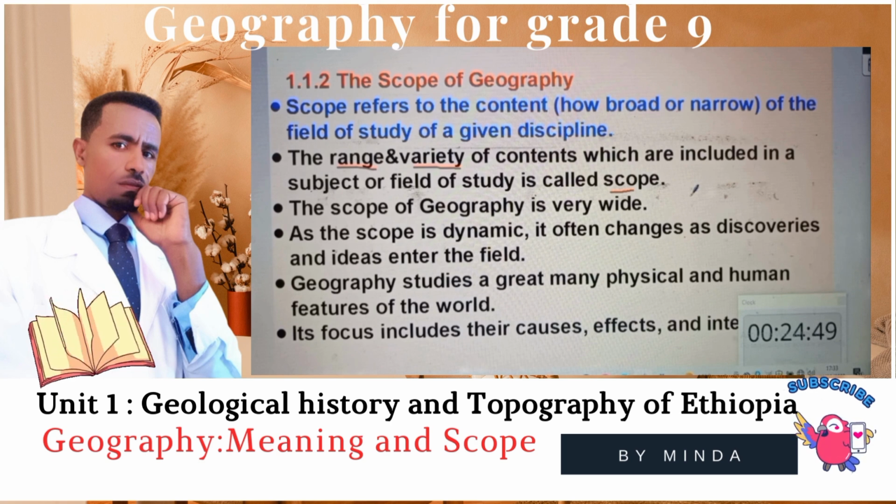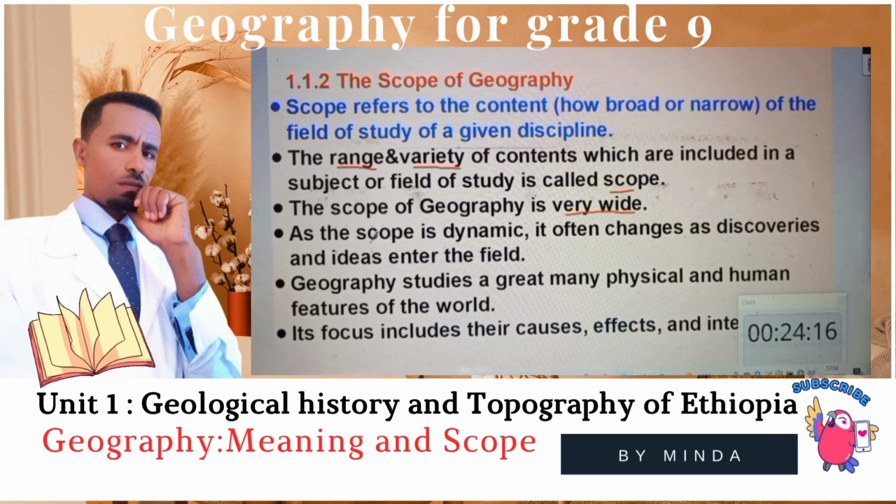The scope of geography is very wide. As the scope is dynamic, it often changes as discoveries and ideas enter the field.